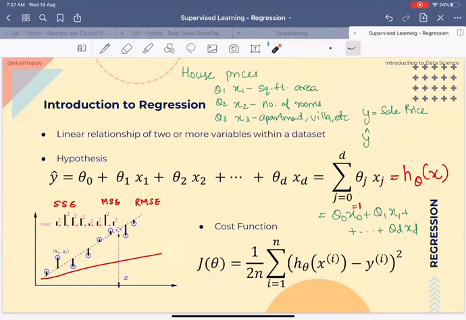So you see, within this equation, theta is the parameter and x is the input. Whereas for this equation, theta is the input. So we want to find out, if I give different values of theta, what is the cost that I will be incurring?